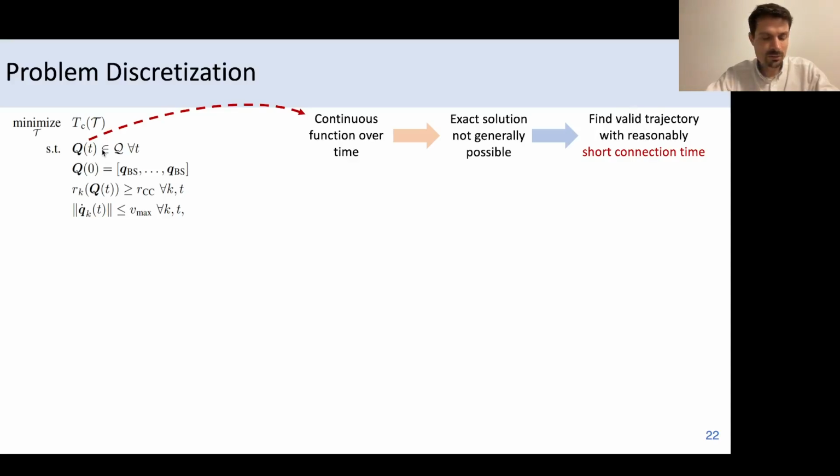So feasible means that it satisfies the constraints, valid means that it satisfies the constraints and the objective is finite. There's a finite connection time. Okay, so instead of aiming for the optimal solution, we will just have to be happy with a reasonable suboptimal path.